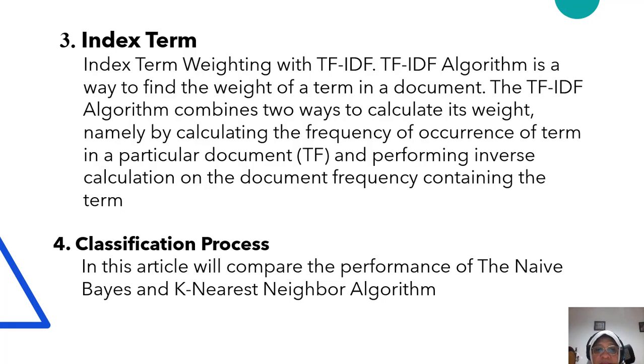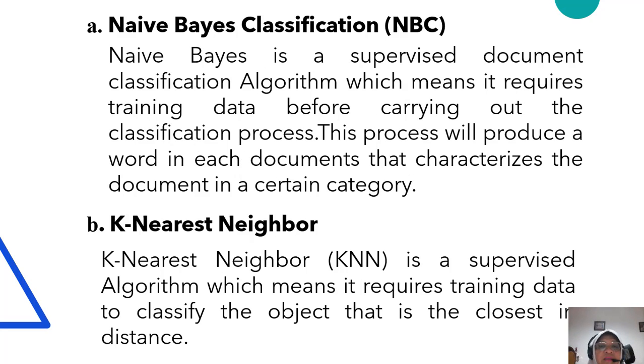In this article, we compare the performance of the Naive Bayes and K-Nearest Neighbor algorithms. Naive Bayes classification, or NBC. Naive Bayes is a supervised document classification algorithm, which means it requires training data before carrying out the classification process.